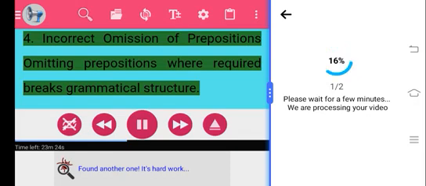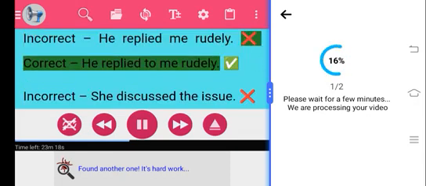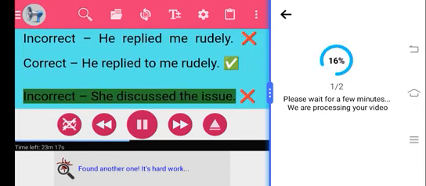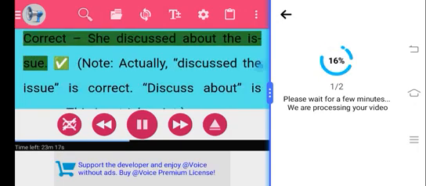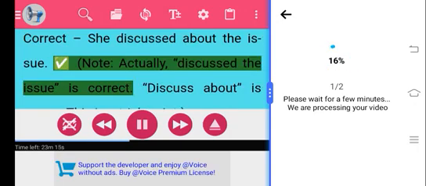Omitting prepositions where required breaks grammatical structure. Incorrect: He replied me rudely. Correct: He replied to me rudely. Incorrect: She discussed about the issue. Note: actually, discuss the issue is correct. Discuss about is wrong.